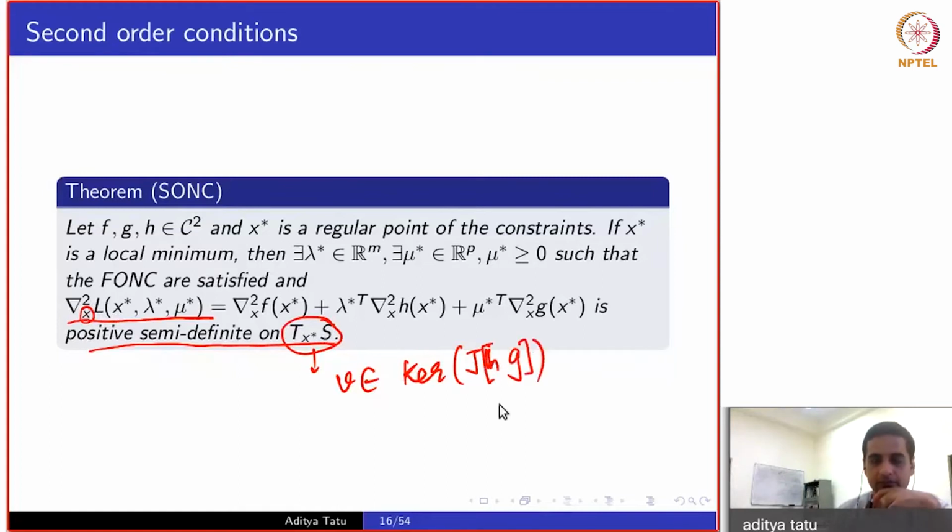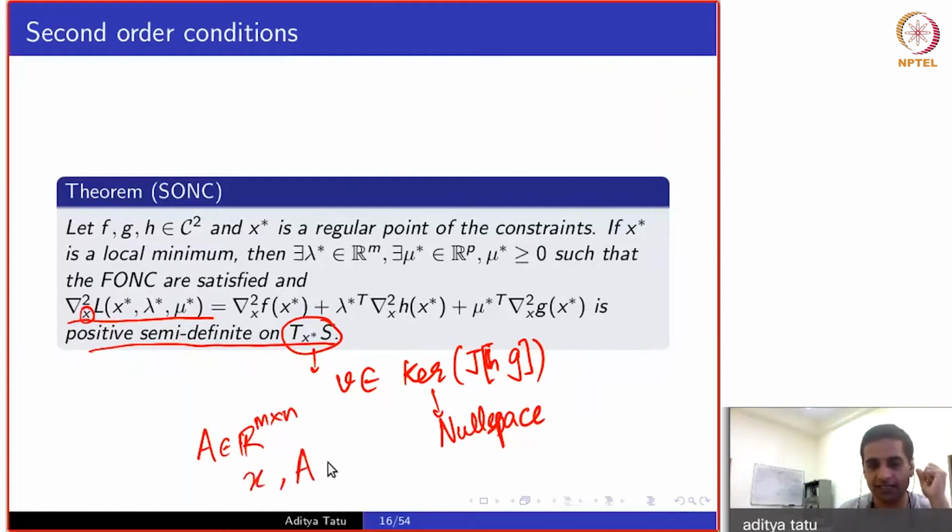So what does KER stand for? Once again, KER is kernel. Kernel is basically the null space. Are you familiar with null space? No, sir. Okay. So if I have a matrix A, which is m cross n dimensional, all vectors x such that A times x is the zero vector form the null space.